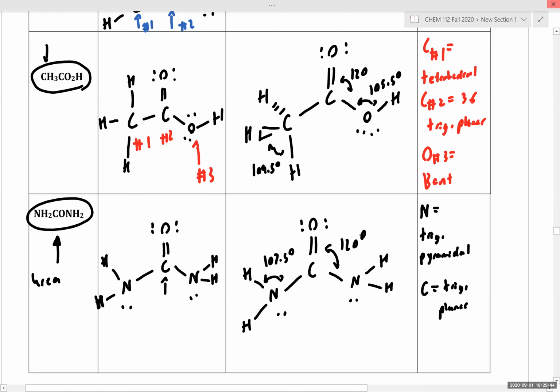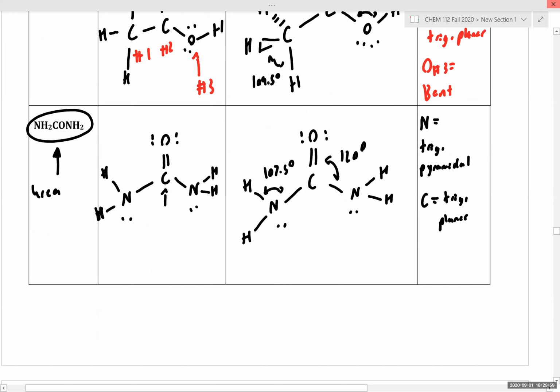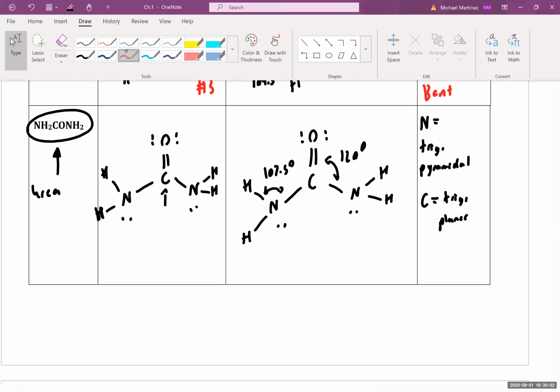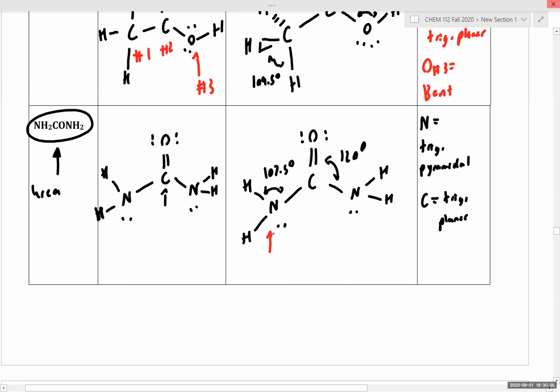Now, this is great in practice, but what I want us to think about, and just as a teaser for the next lecture session, is that in reality, if we look at crystal structures of urea and at each of these nitrogens, the geometry actually adopts a trigonal planar-like geometry.